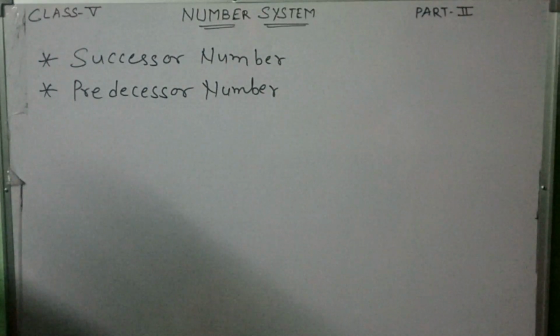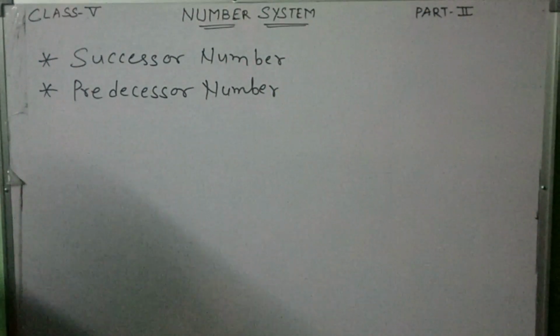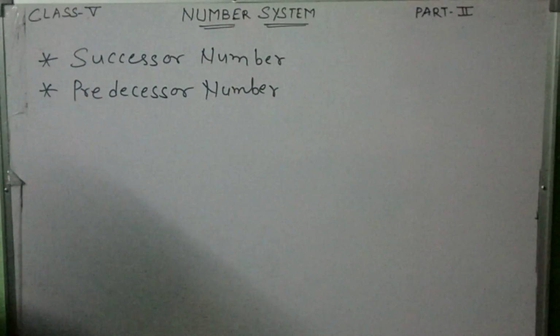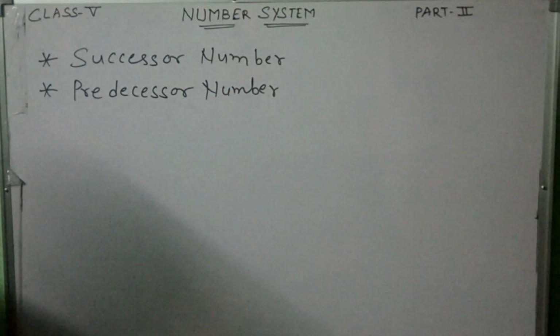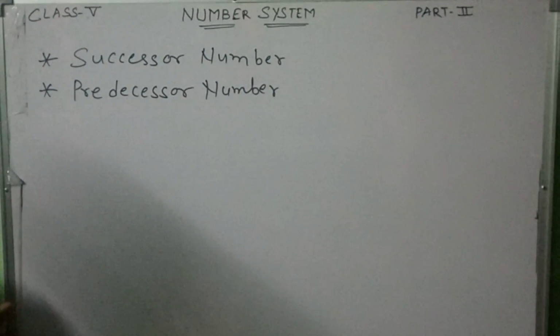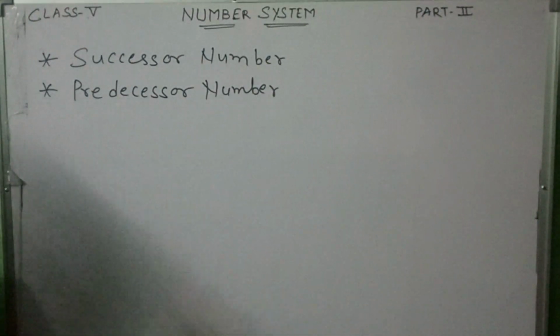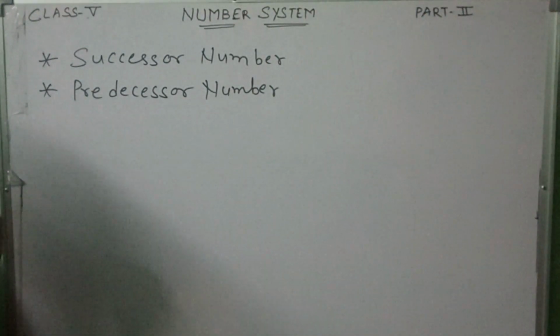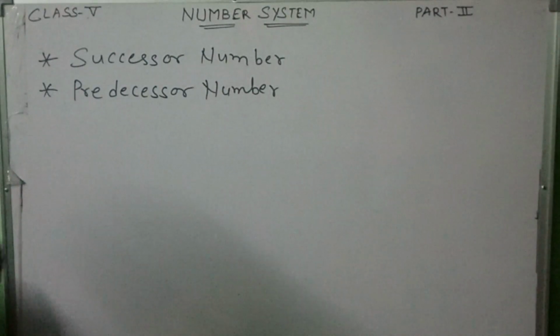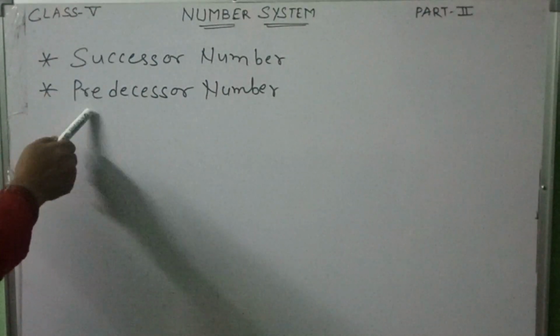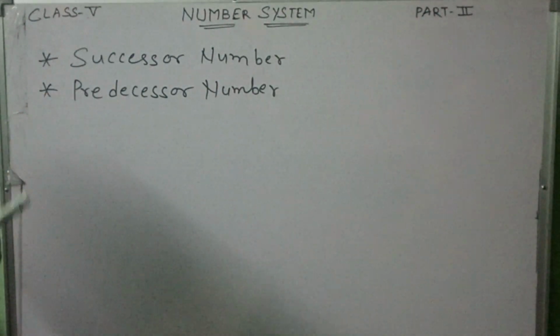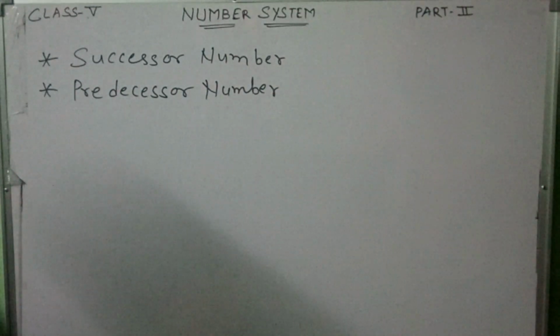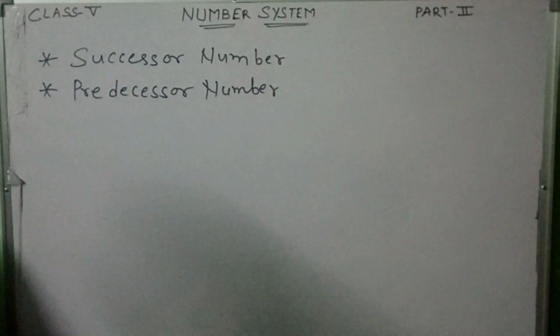What is the predecessor number? Very easy. Successor number, the numerals which come just after is called successor of the given number. The numerals which come just before is called the predecessor of the given number.